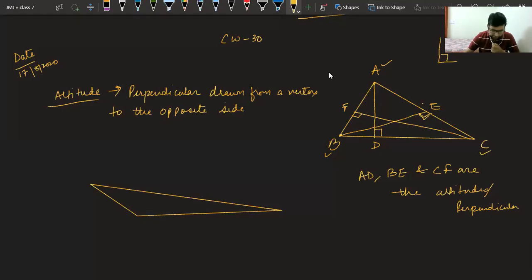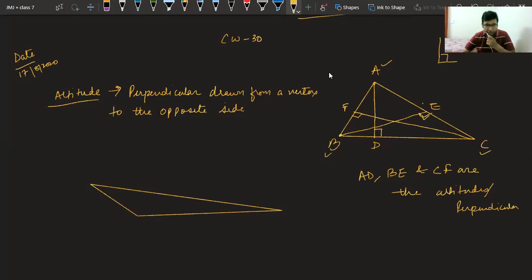So please tell what is the difference between altitude and perpendicular. There is no difference as of now. In class 7, they are exactly the same. They both are standing at an angle of 90 degrees. Altitude and perpendicular are the same thing. They both are height.